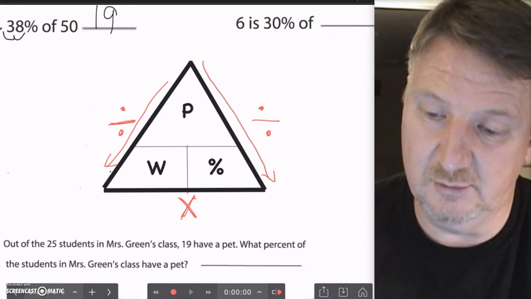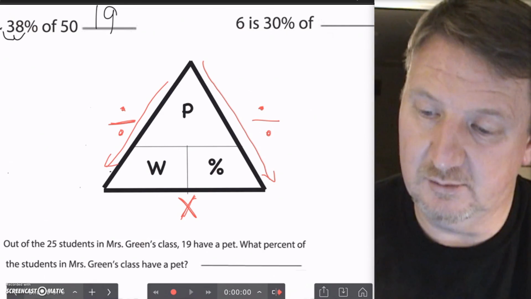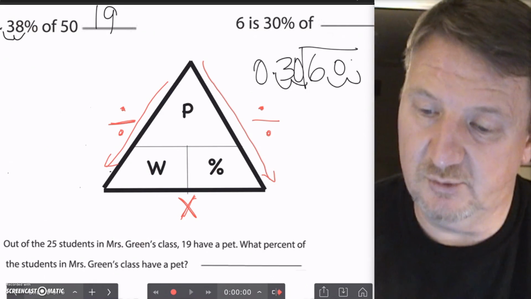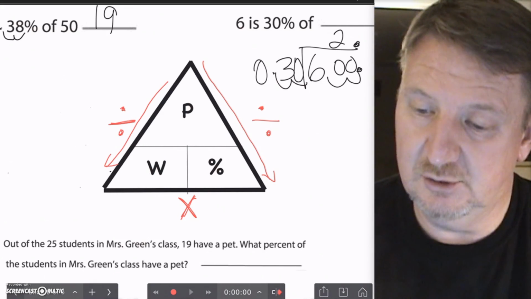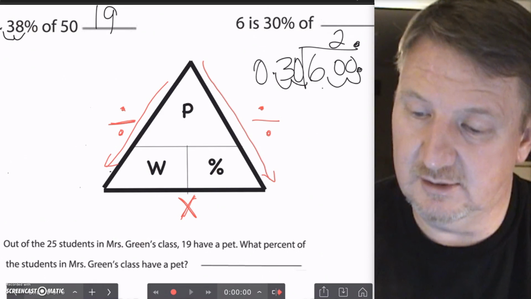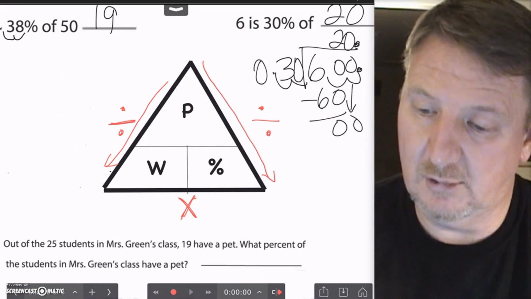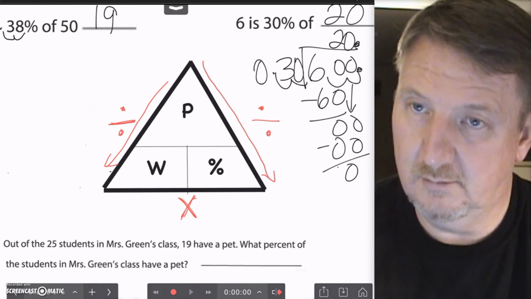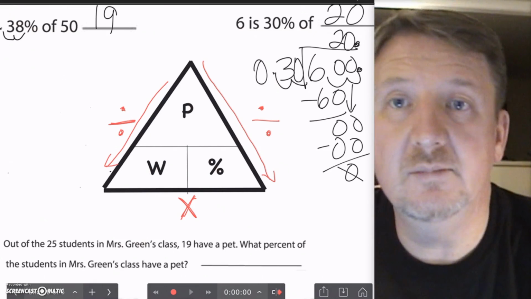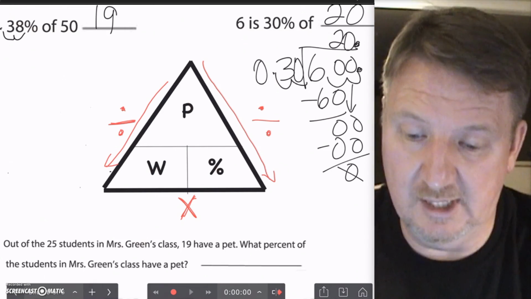Move the decimal, move the decimal. There's your decimal. 30 will go into 60. 2 times 30 is 60. Subtract, bring down the 0. So 20. All right. That's it. Answer this last question.